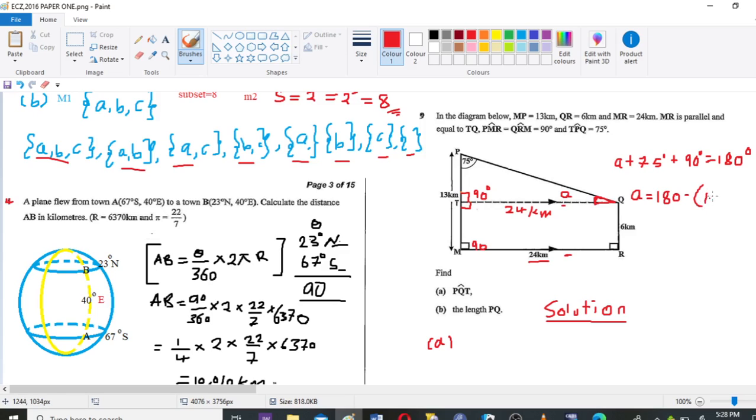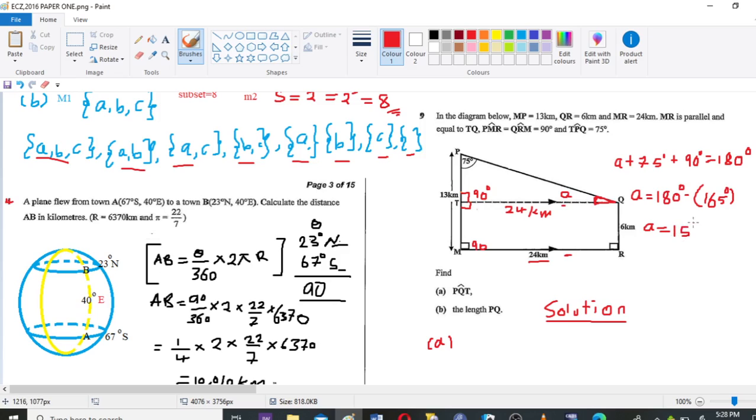So we are subtracting 180 minus 165. And what are you getting there? Your value of A will be 15 degrees.